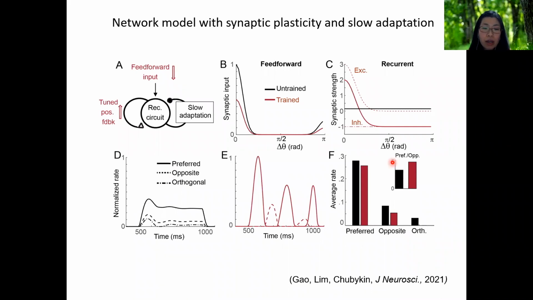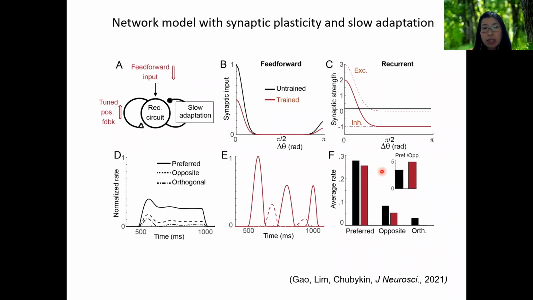Then the model could reproduce the main effects of the visual experience, enhanced feature selectivity. That is, this red is the ratio of the preferred versus the opposite firing rates, and compared to the black one, there was enhanced stimulus selectivity together with a decrease of the firing rates due to the decrease in the feedforward connection.